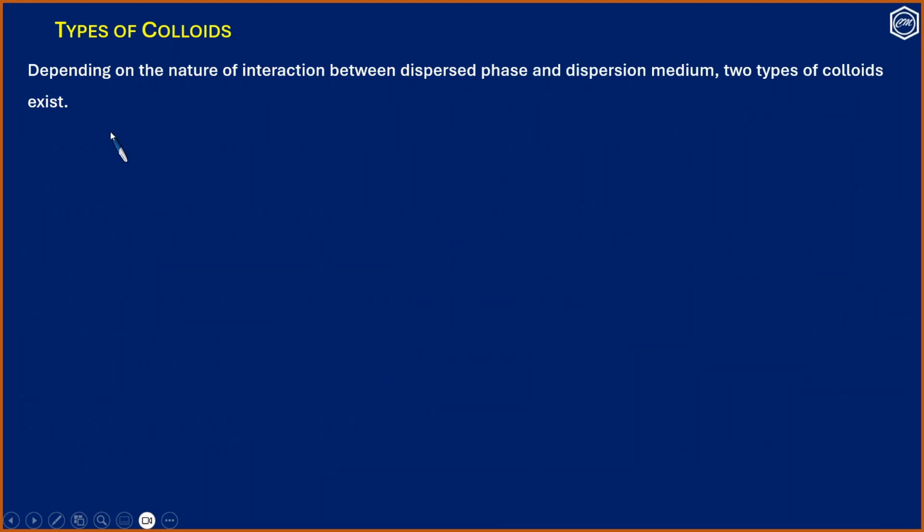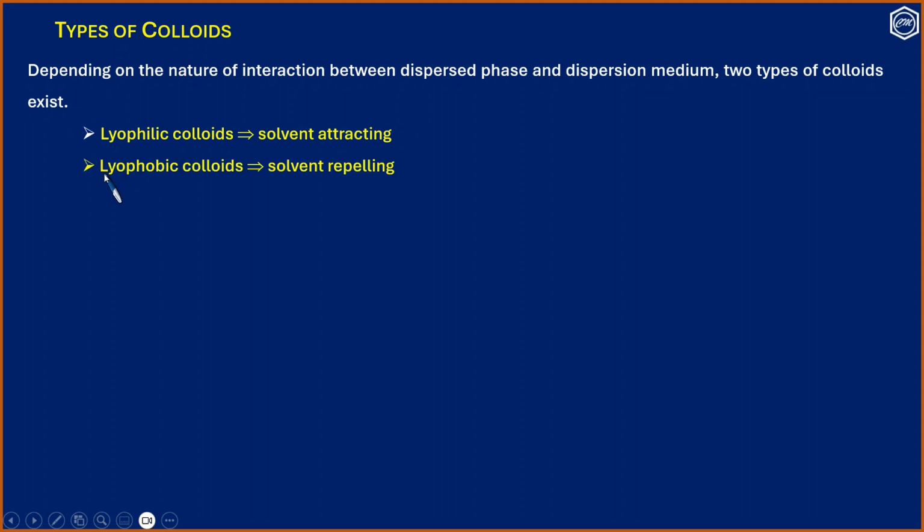Types of colloids. Depending on the nature of the interaction between dispersed phase and dispersion medium, two types of colloids exist. One is called lyophilic colloid, that means solvent attracting. The second one is lyophobic colloid, that is solvent repelling.